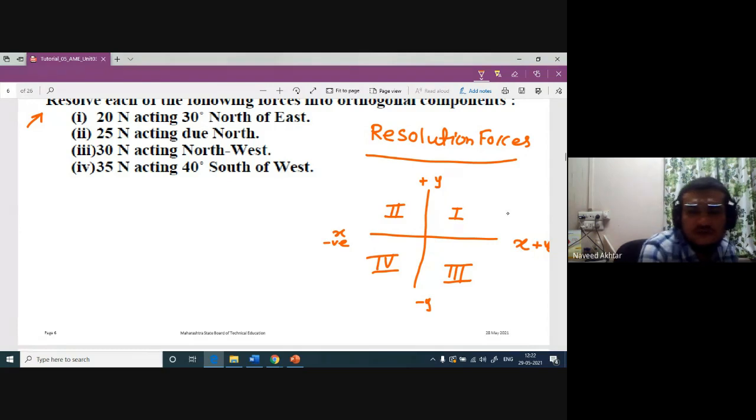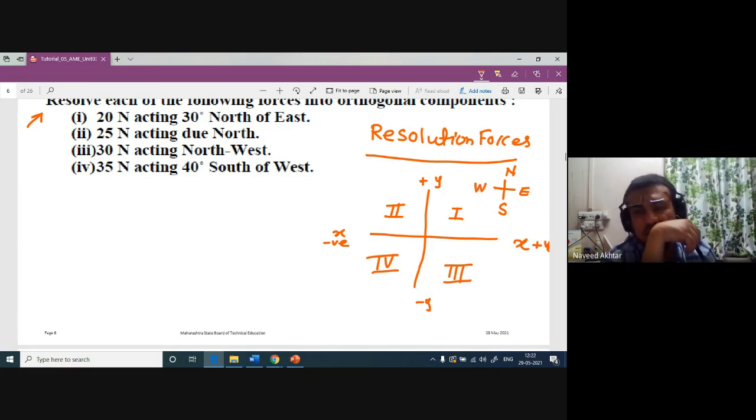Okay, so in the first quadrant, or if I write in terms of direction, then when you are showing the direction, we generally show north upward, and then the right side is east, then south, and the west. So this is north, east, south, and west.